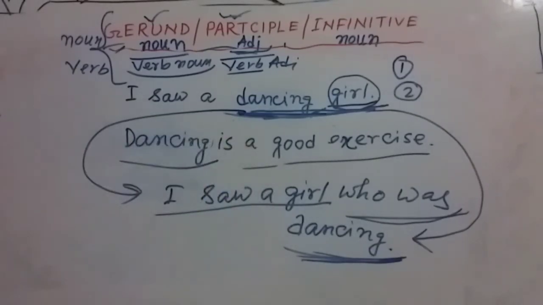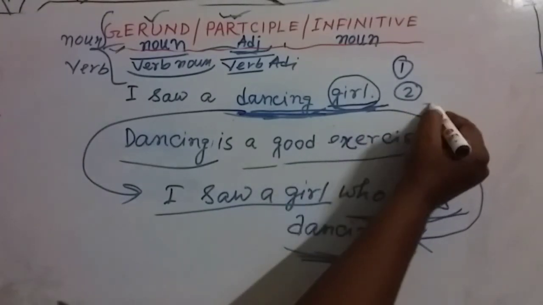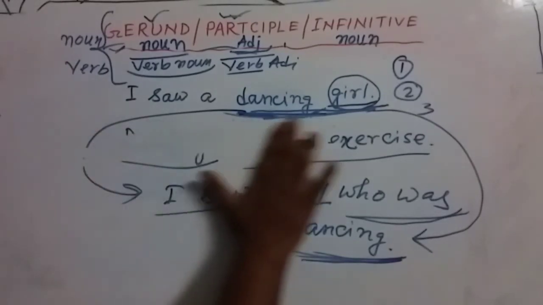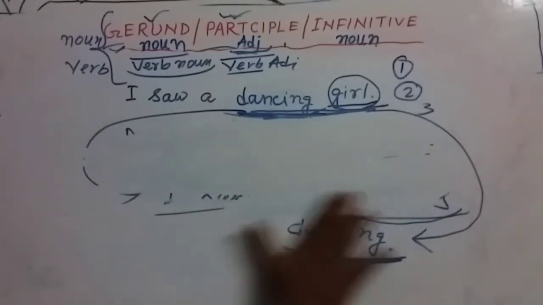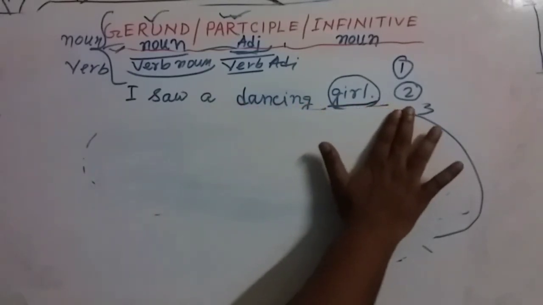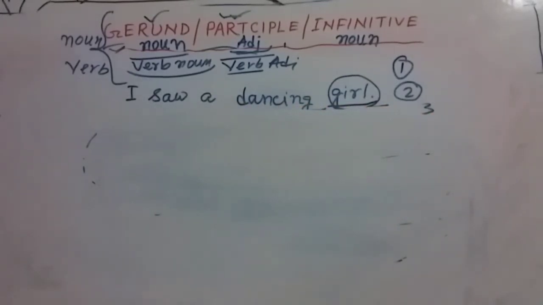So this is one of the ways to find out whether it is an adjective or a noun. Now my dear friends, this is the third one. Now I am giving you the last clue from which you can understand whether it is a noun or an adjective.